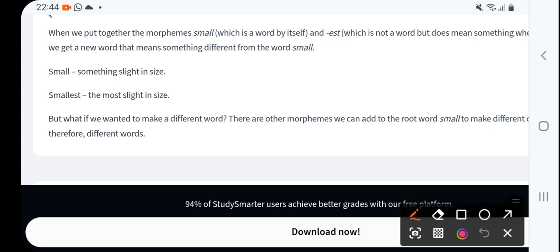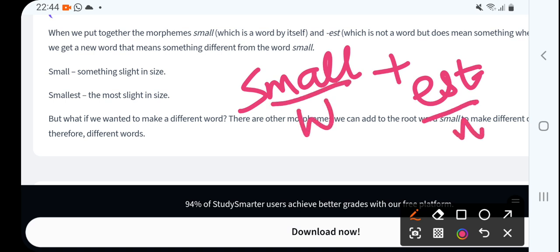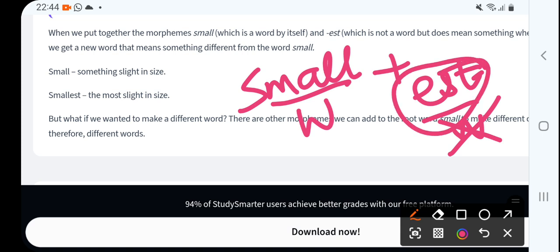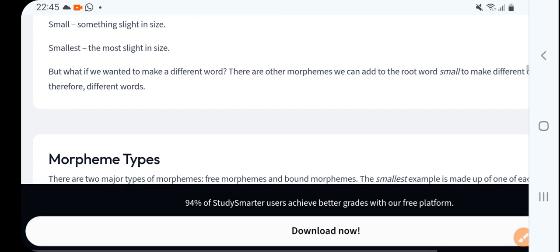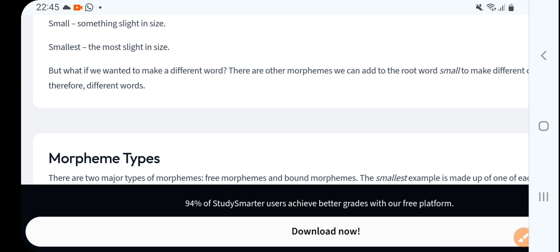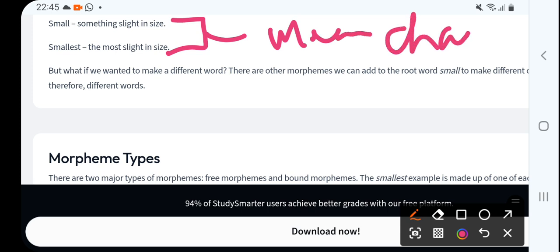Est is not a word, but it has meaning or significance. Small means something slight in size. Smallest means the most slight in size. In both cases the meaning changed, right?